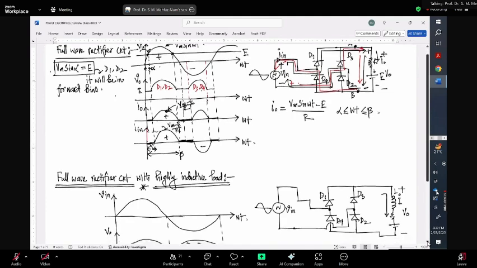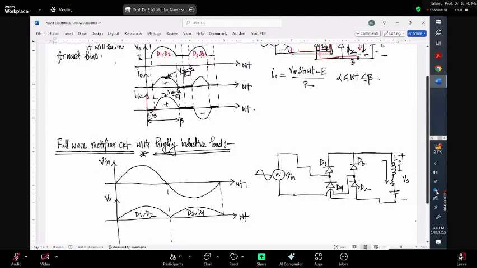But in this case, the inductor is forcing either D1 and D2 to be turned on or D3 and D4 to be turned on, as the inductance value is very high. So whenever your VAB point here, suppose this is my A point and this is my B point, so the polarities across it, since D1 and D2 is operating, so whenever the polarities is like this, the current needs a path.